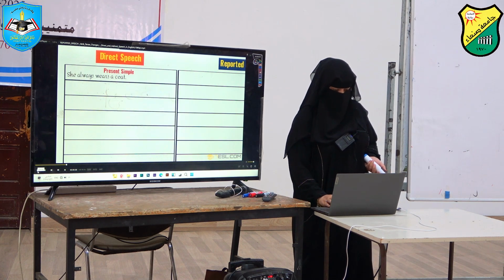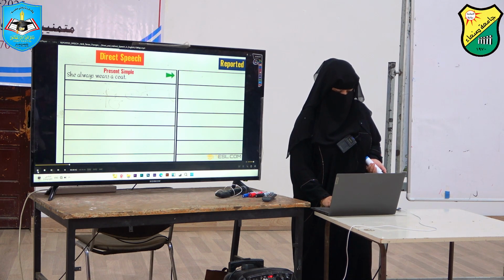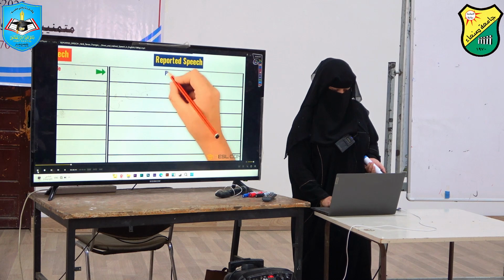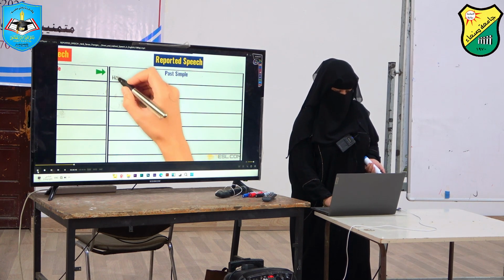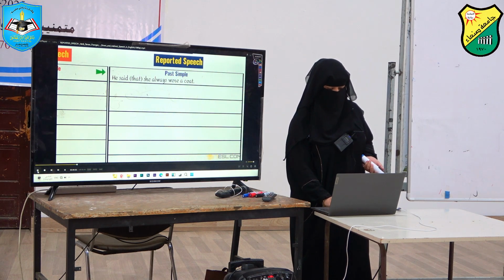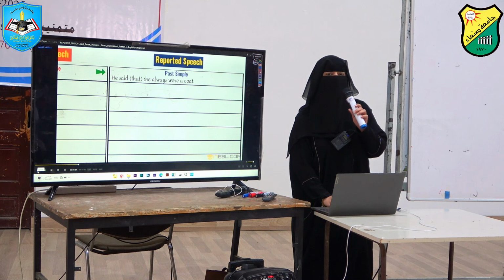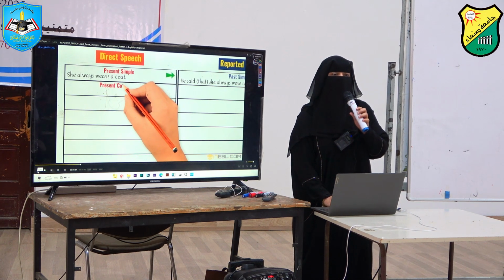She always wears a coat. Past simple. He said that she always wore a coat. Okay, so if you have the tense in the present simple, the reported speech will be past simple.